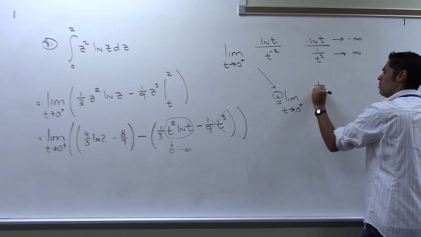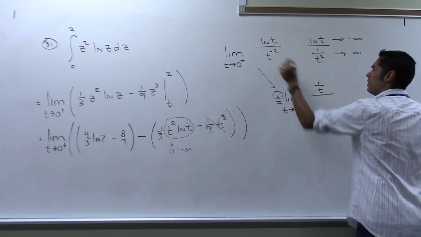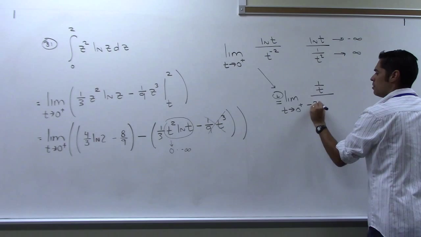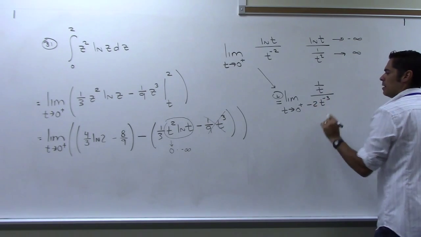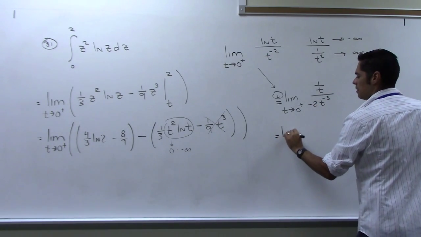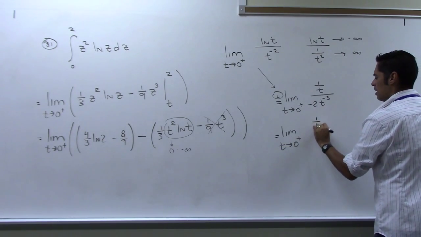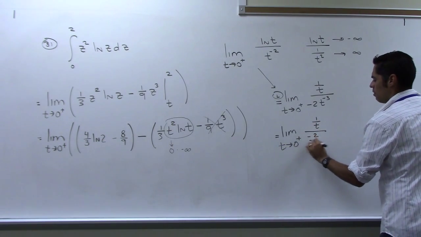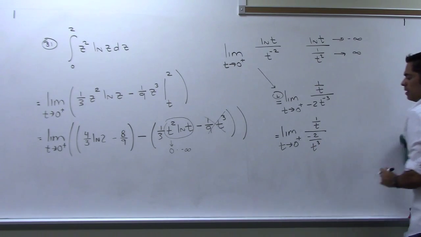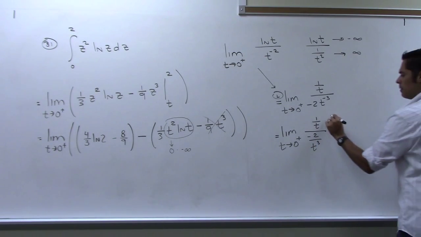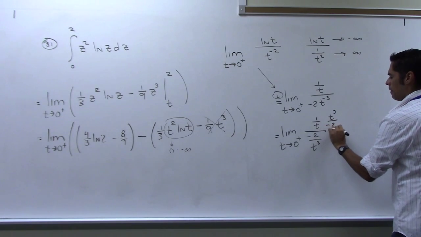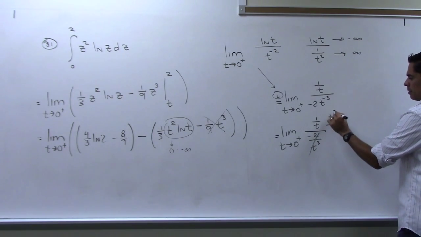The derivative of the top is 1 over t. The derivative of the bottom is -2t to the -3. So this is the same as the limit as t goes to 0 from the right, 1 over t over -2 over t cubed. And then when you flip that up, flip it, and then you can reduce a power.